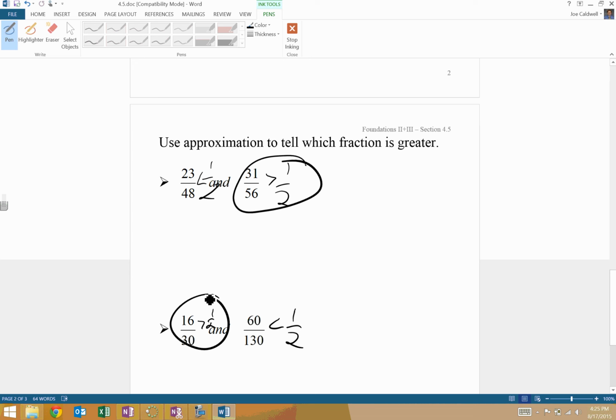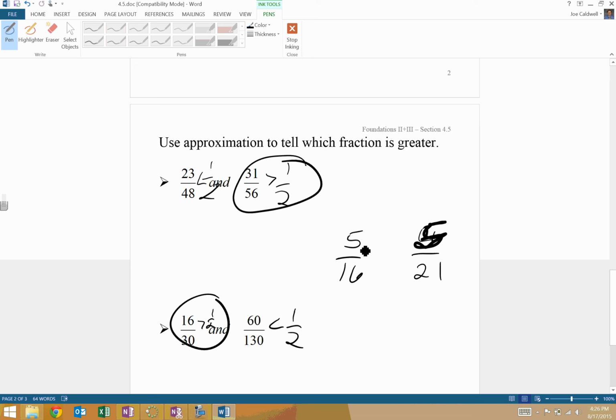Okay, I'm going to make up one more here. Let's say I had 5/16. It doesn't always have to be 1/2. So 5/16, and let's do 5/21.